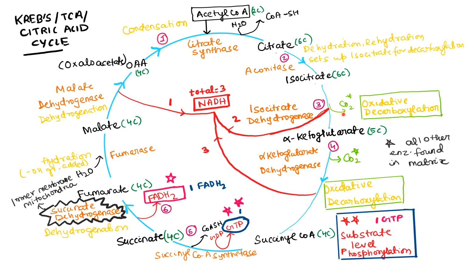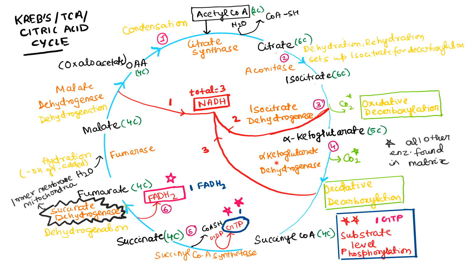Subsequently, a molecule of carbon dioxide is released, leading to the formation of the 5-carbon compound alpha ketoglutarate. Now, when isocitrate is getting oxidized, something should be getting reduced. So, what is getting reduced? Here, NAD plus is getting reduced to NADH plus H plus. Now, the enzyme here is isocitrate dehydrogenase.